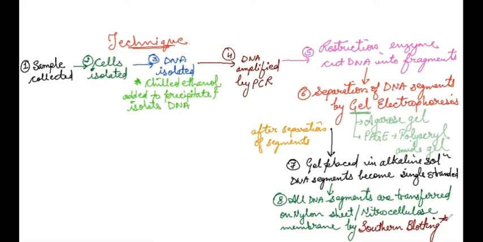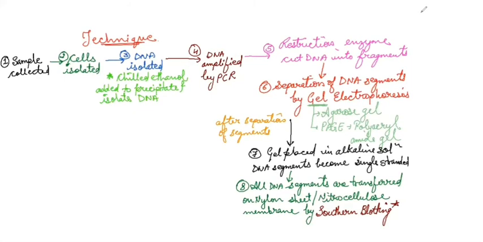Now, what is done during the Southern blotting? We take the agarose gel in one hand and the nitrocellulose in the other hand. I'm just giving an example of the process. I can't actually show you, you just have to imagine it. So take the gel with the DNA fragments in one hand, take the nitrocellulose sheet in the other hand, and put the second on the first one. What happens?